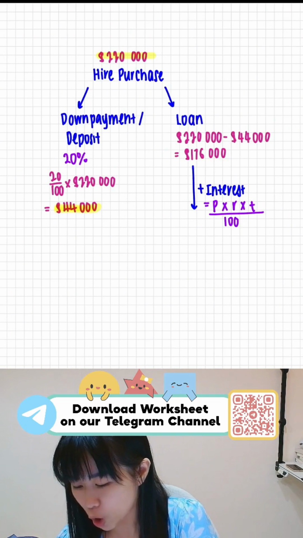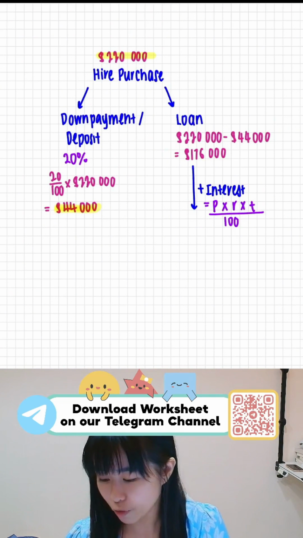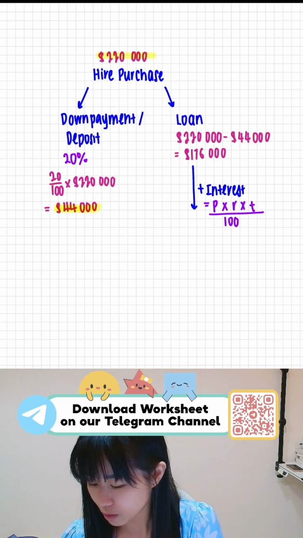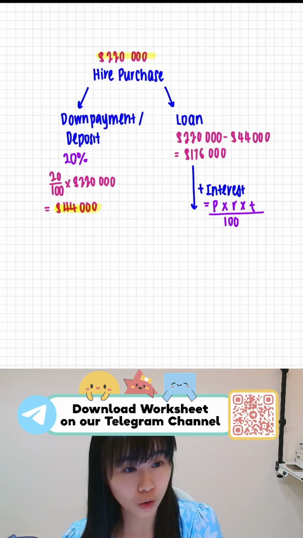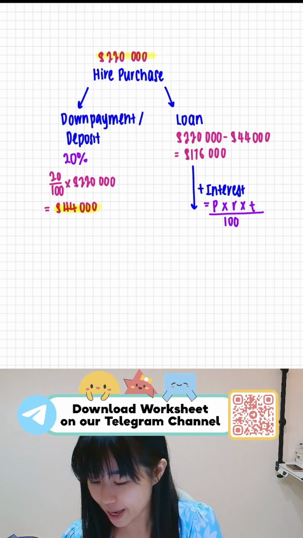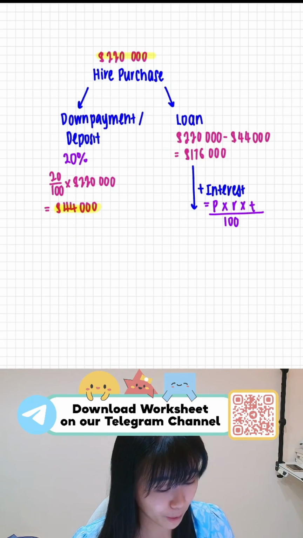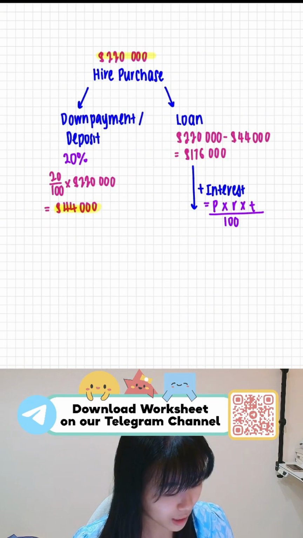Give me a normal average amount of interest that people are paying for car loans typically in Singapore. Do you know? 4%, not bad. I'm going to take that 4% now. I'm actually not too sure how many percent, but I think 4% is a good one.